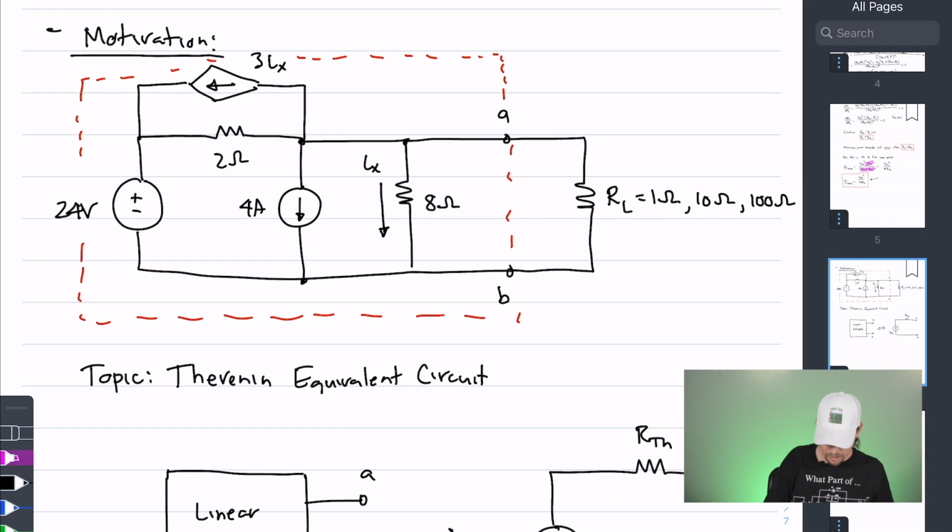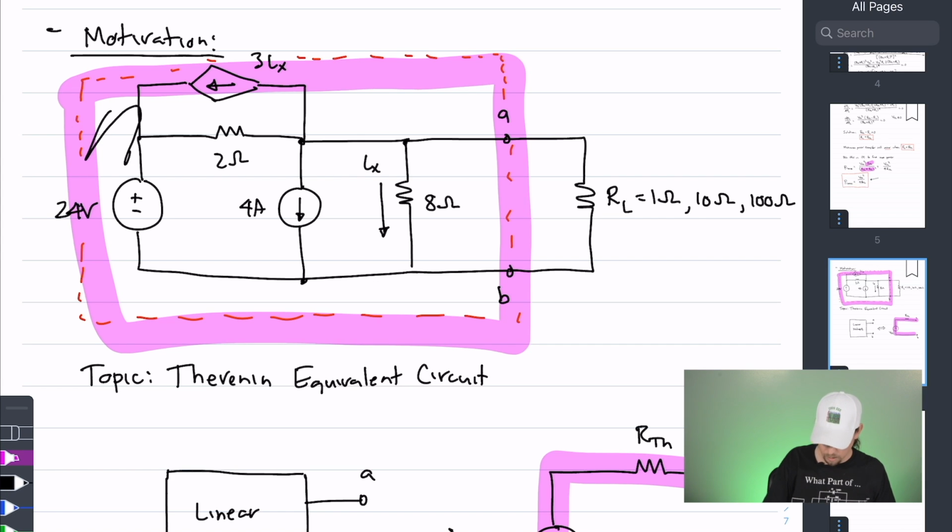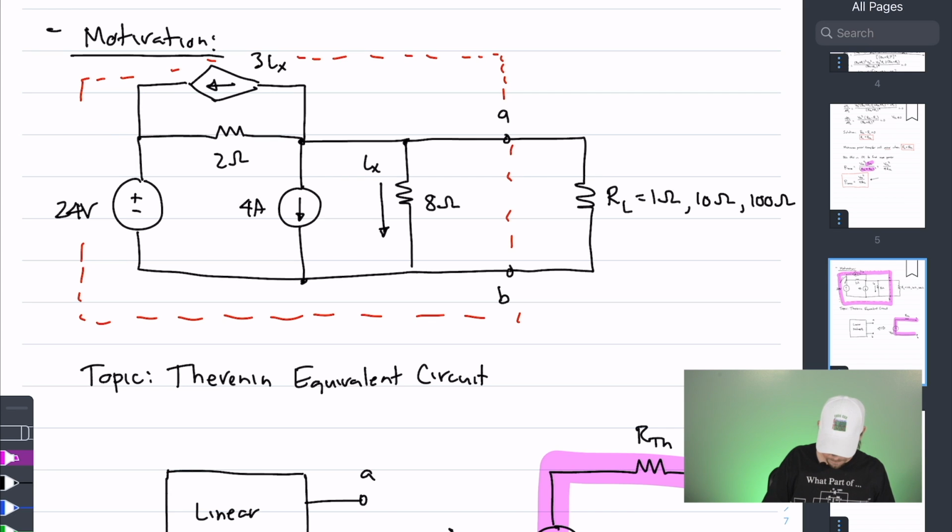So this entire circuit that's up here inside this linear network, I can replace with one voltage source that's in series with one resistor. And rather than analyzing this large circuit up here, all I have to do is replace it with a much simpler one, and then I can simplify my analysis greatly.